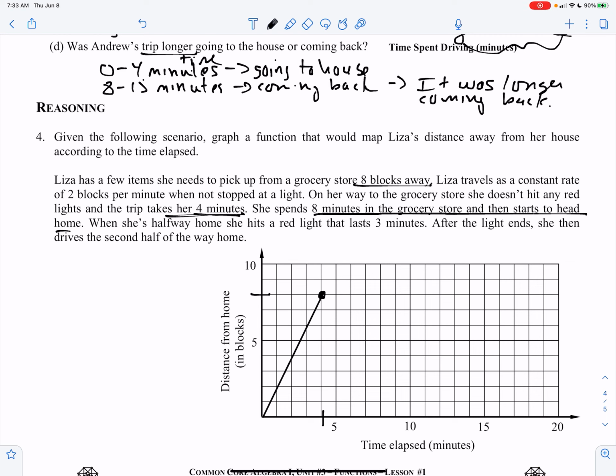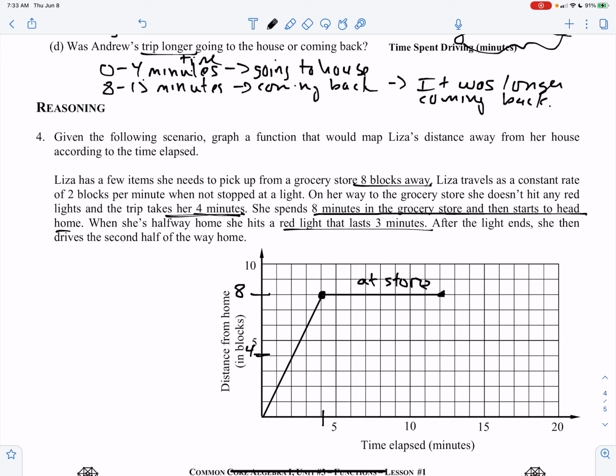So find 12 minutes, and that would be the time she spends at the grocery store. Then it says that when she's halfway home, remember the store is 8 blocks away, so halfway home would be 4 blocks, right? So when she's halfway home, she hits a red light that lasts 3 minutes.